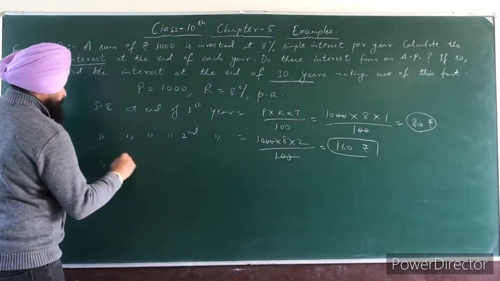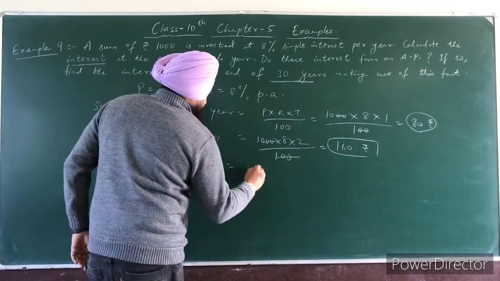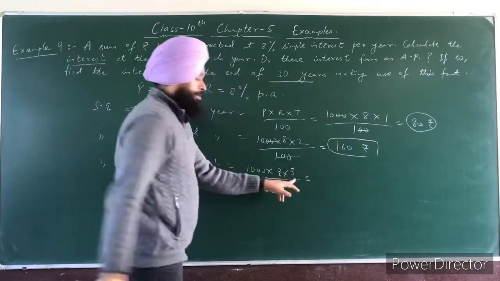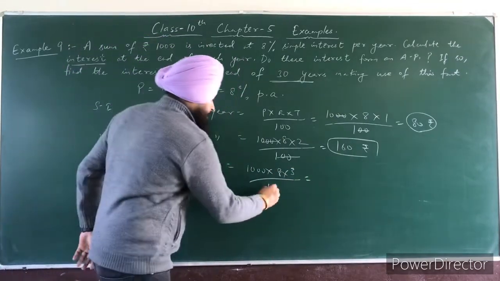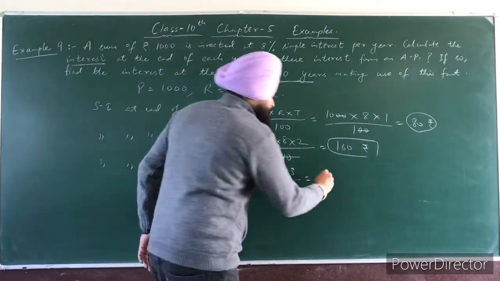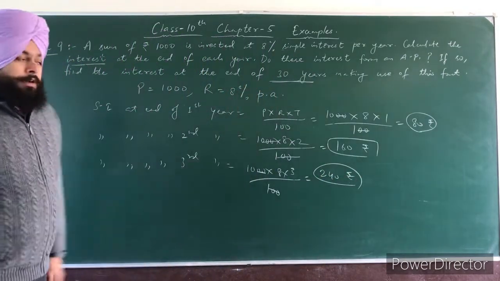Similarly, we find the interest for third year. So again, 1000 into 8 into 3 divided by 100. 2 zeros cancel. 3 8s are 24 and 24 into 10 is 240. So 240 rupees is the interest at the end of third year.